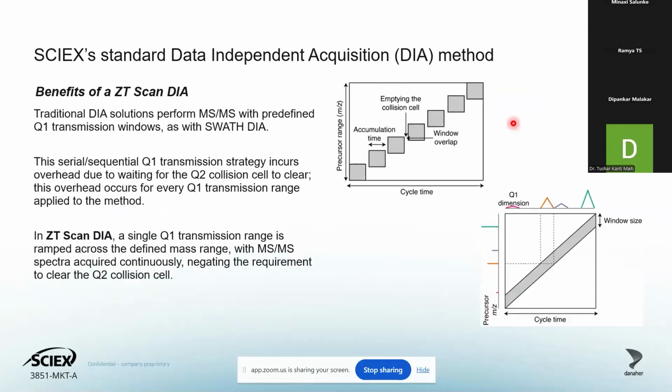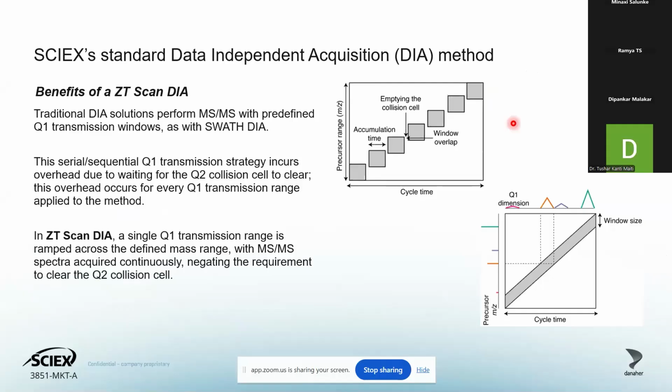Now coming to the different acquisition methods, one is DIA. Many people already know about the different DIA techniques. One is the DIA technique that uses sequential MS acquisition, like SWATH, or variable window DIA.